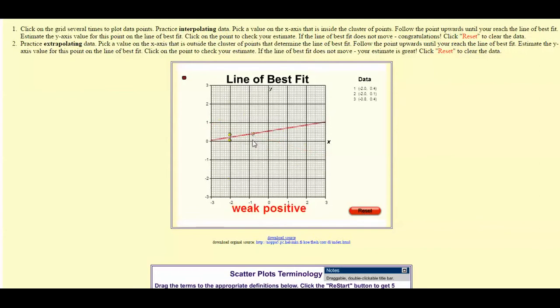But if it's no correlation at all, then it actually doesn't matter how far the dots are from the line, because even if I add some dots down here and up here, it's still no correlation. So if there's no correlation, then it actually doesn't matter how close the dots are to the line.